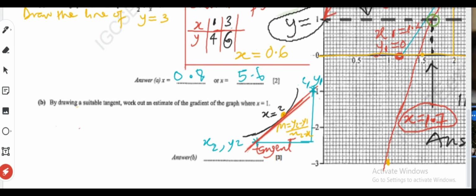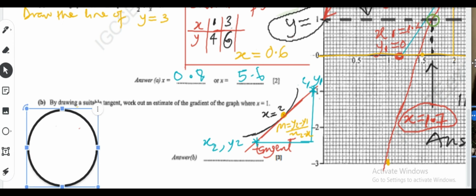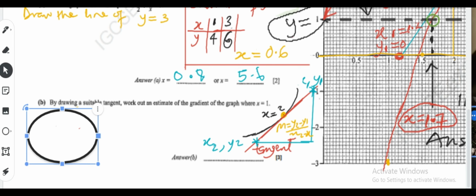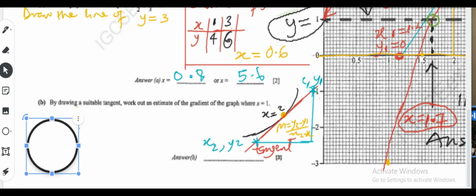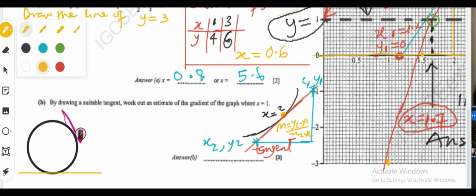Right? Yeah. In fact, if you have a circle, a tangent is a line such that the angle between the radius of the circle to that line is always what?